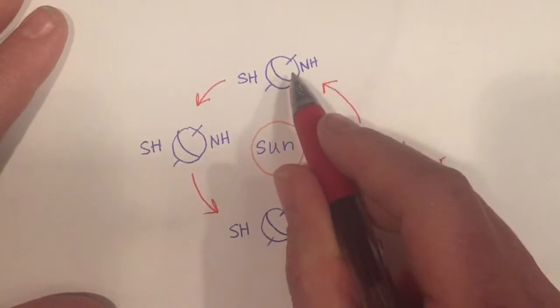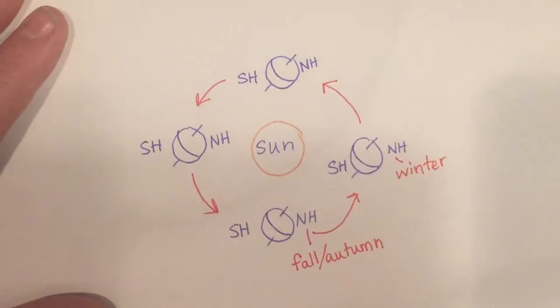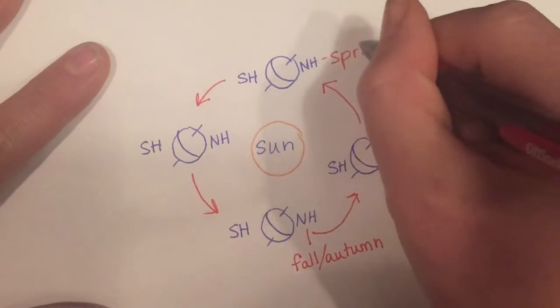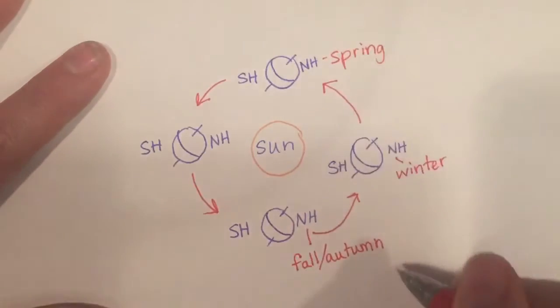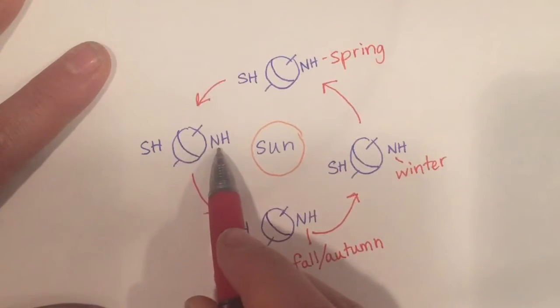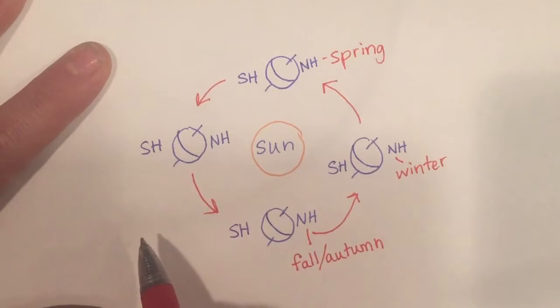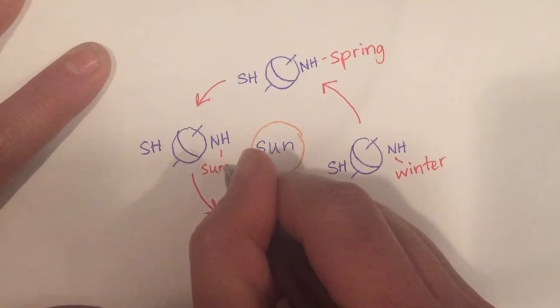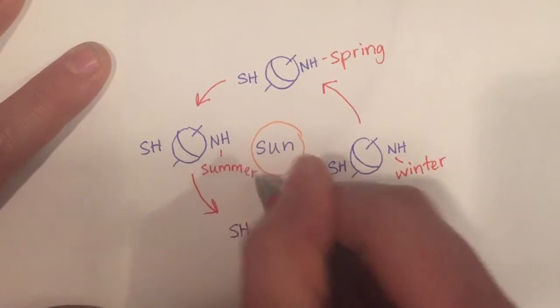After winter, 3 months later, we in the northern hemisphere are going to experience spring. And 3 months after that, it's our favorite time when we don't have school. That's going to be the summer.